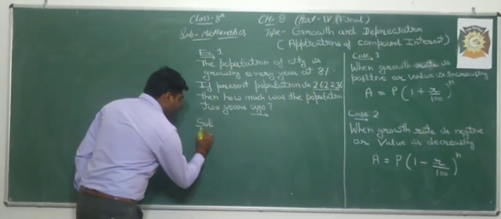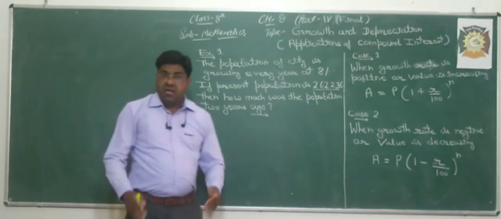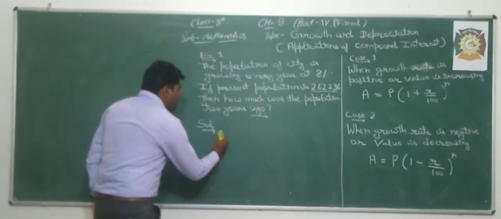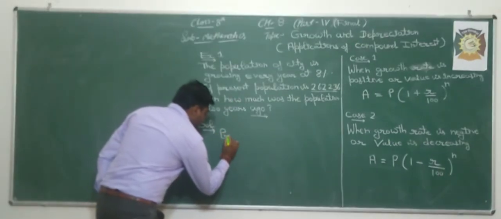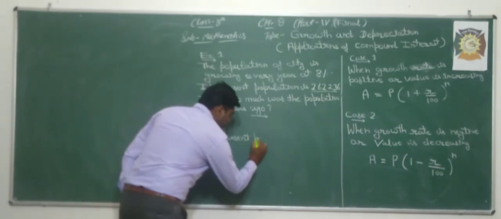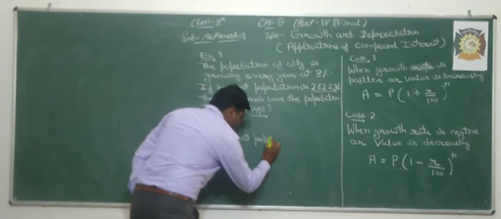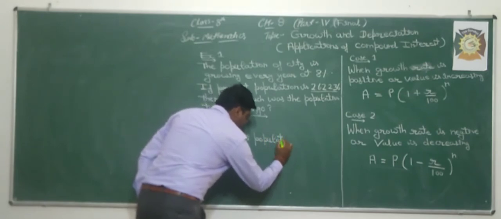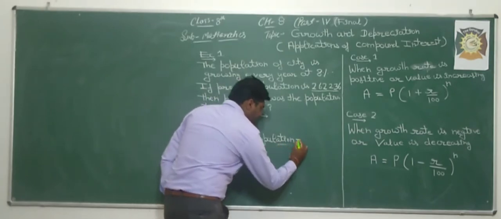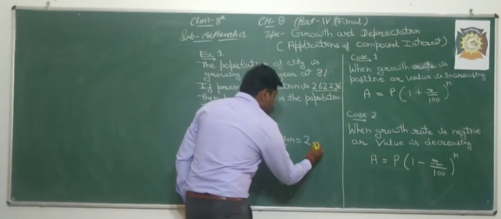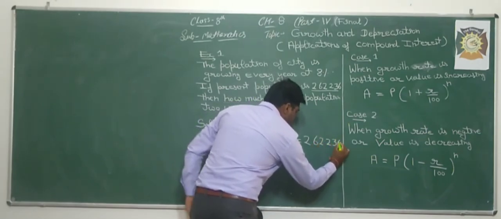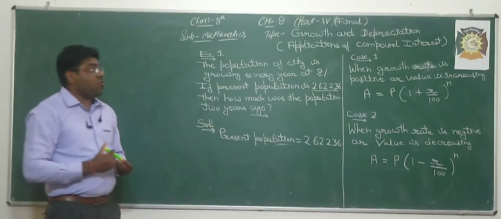And we have to find the principal in this sum. So first of all, write here the present population. Present population, this is 2,62,236. And now the rate of growth.